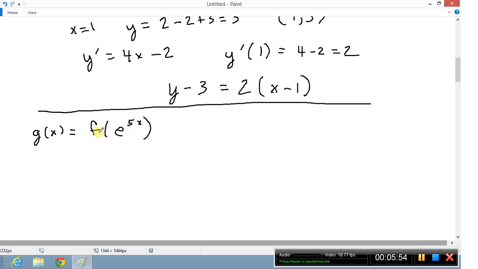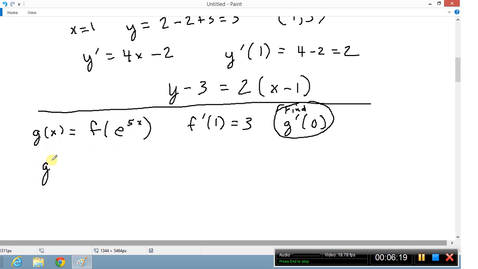They didn't tell you what f was, but they told you that f prime at 1 is equal to 3, and you need to find g prime of 0. So that's the problem. They didn't tell us exactly what g prime of x was, but this is the best we've got.